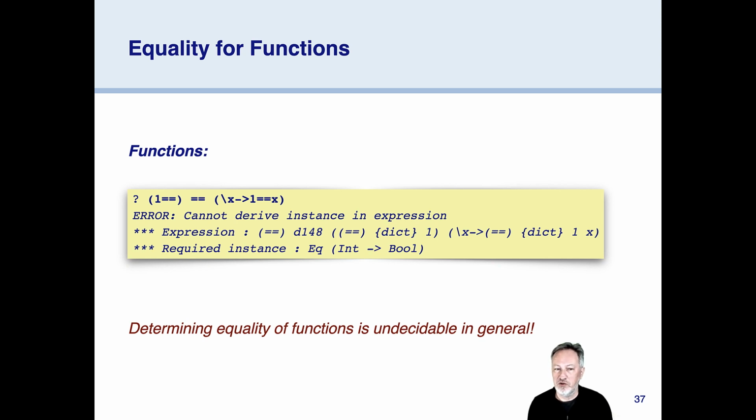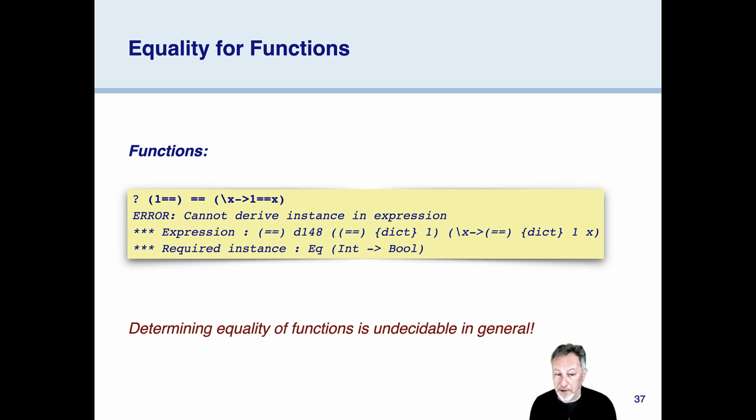Yes, it's the function which will compare its argument to 1 and tell us whether it's equal to 1 or not. It's essentially the same as the anonymous lambda, which will take an x and compare it to 1. So these two things are equal as functions.